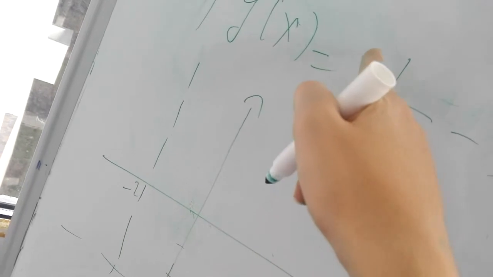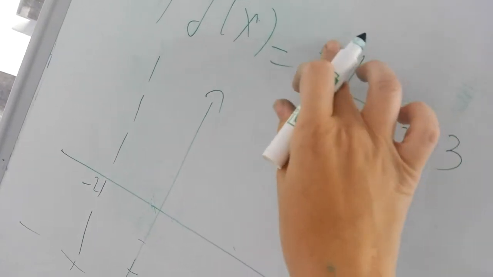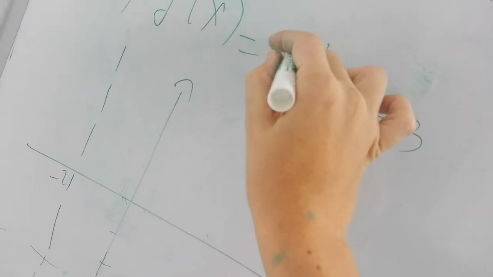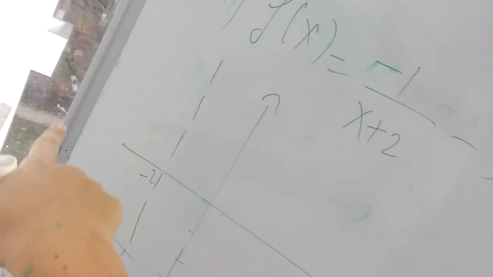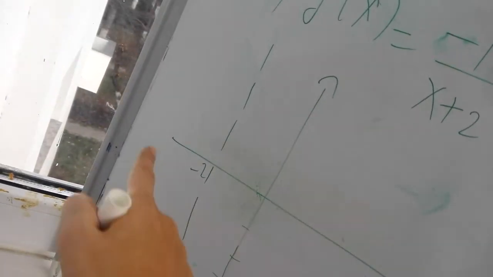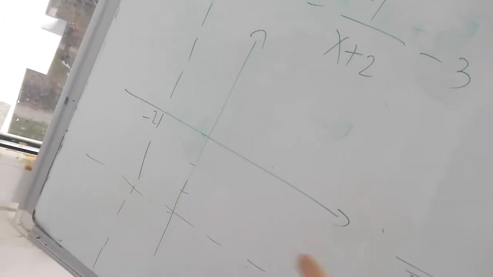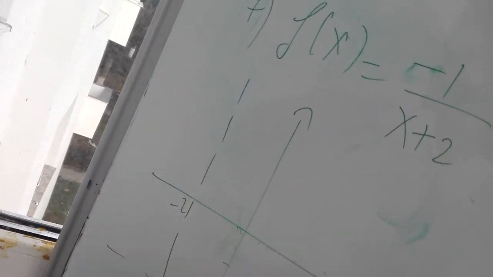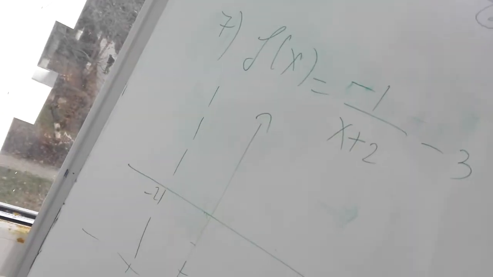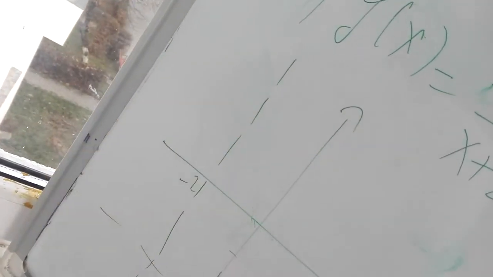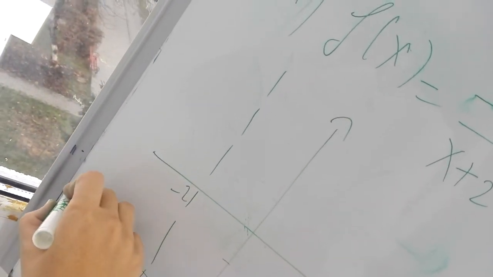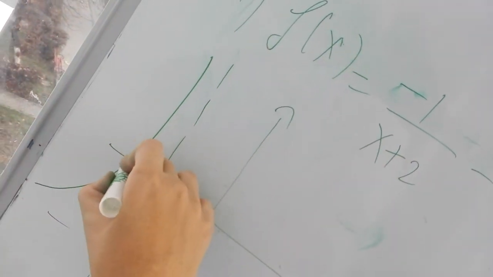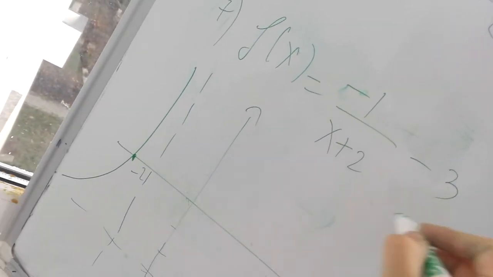Now, since you have a negative over here, the quadrants that will be covered will not be 1st and 3rd, but it will be 2nd and 4th. Now over here, what you might want to do is determine the y-intercept. You just gotta make x equals to 0 and see what's that point. And this quadrant over here, of course you have to use whatever. When you make this equal to 0, it will give you this point over here.